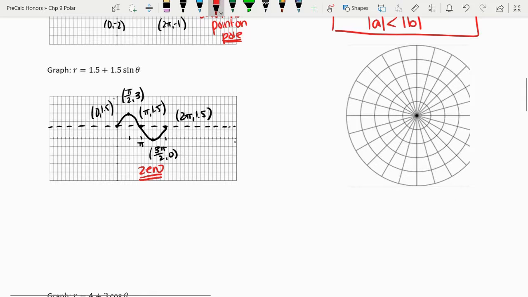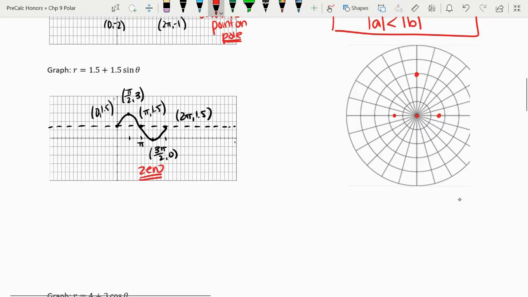All right, so I'm going to graph these on this grid. My max point is 3, so I could rescale. My graph's got a little cut off here, but I think I'll leave it. So 0, 1.5, pi over 2, 3, pi, 1.5, 3 pi over 2, 0, and then we're back at the start.